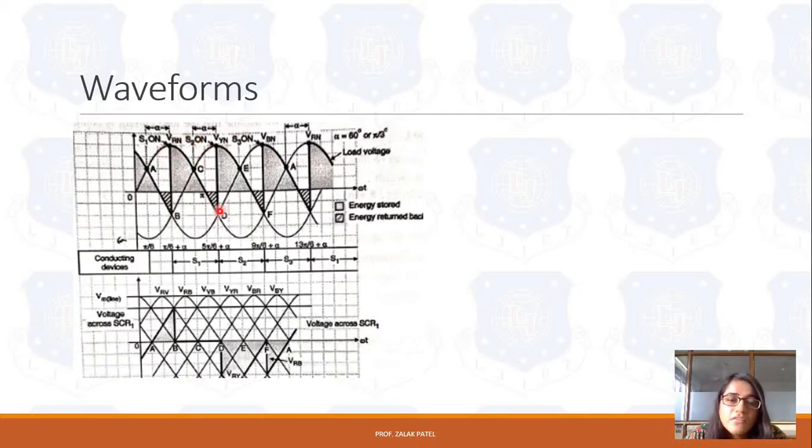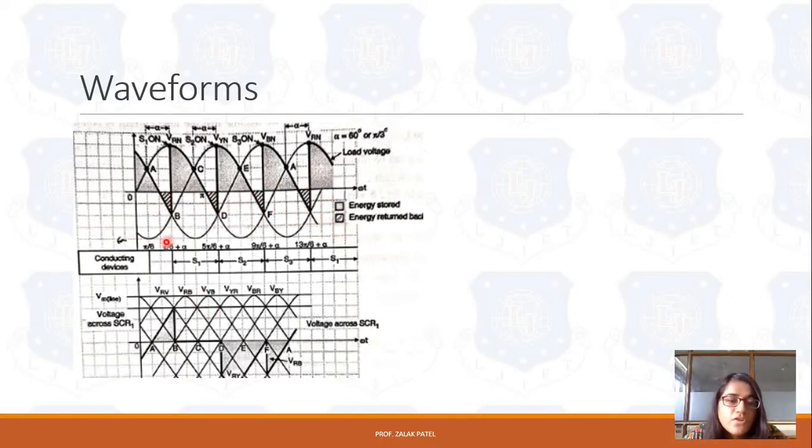After that interval SCR2 will be on, so S2 will be on in that case, and in the third case at this point SCR3 will be operated. Here you can see that energy is also stored in the negative half cycle each time. Please note this negative half cycle, because energy is stored from load to source also.